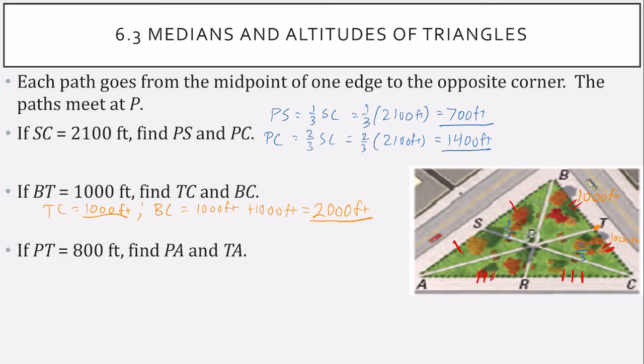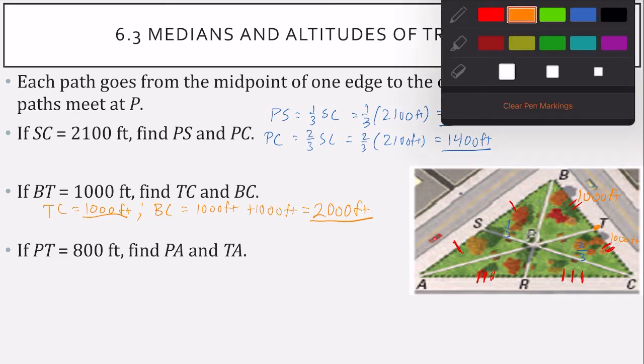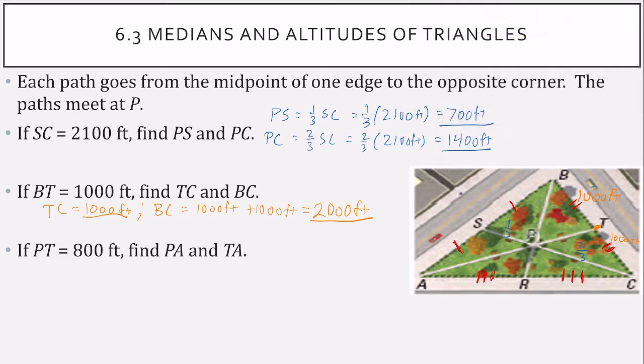Alright, if PT is 800, find PA and TA. Now, PT is the shorter part. It's the part between the centroid and the side, so that's the 1/3.